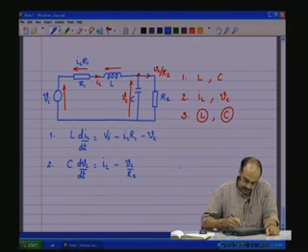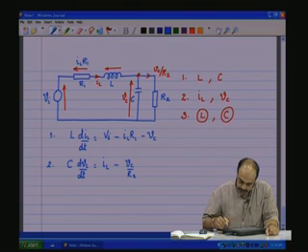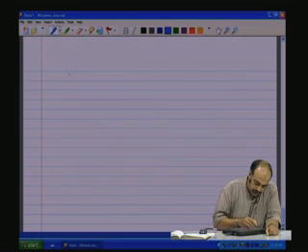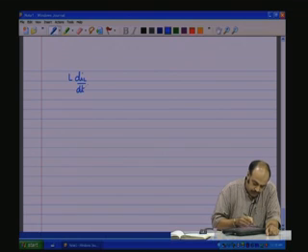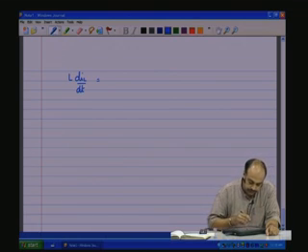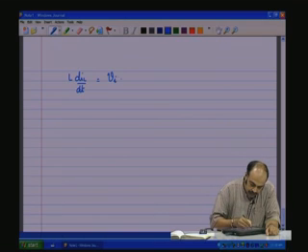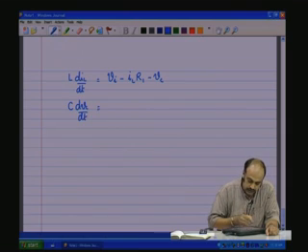So, let us define X. Now, let me go to the next page. Let me rewrite these two equations. L dIL by dt equals Vi minus IL R1 minus Vc, and the other equation C dVc by dt equals IL minus Vc by R2.